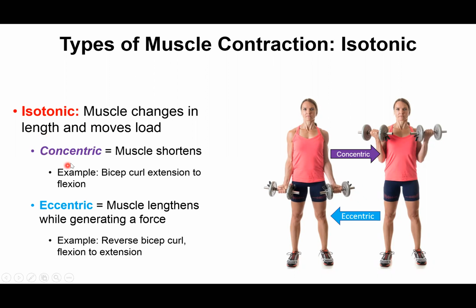In concentric contractions, the muscle is going to shorten. The example here is you start in a partially flexed elbow position and do a bicep curl. You lift those weights, and by performing this action, the biceps muscle is shortening. So this is a concentric isotonic contraction.